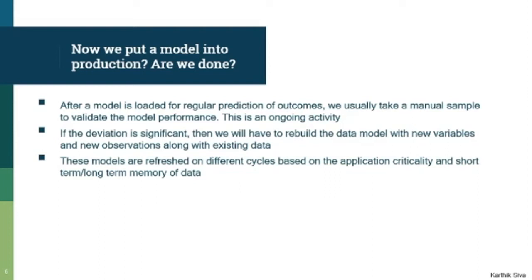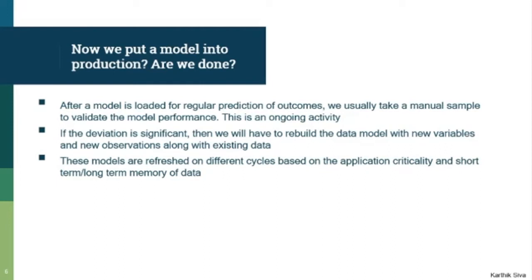Once in a while, we do take a manual sample, a small subsample, and validate it manually as an ongoing activity. For example, if there is an insurance fraud model that we have built, even though the model is saying somebody is fraudulent or not, we might still take a subsample and then validate it manually. This is to ensure that we are constantly evaluating if the model is doing well.